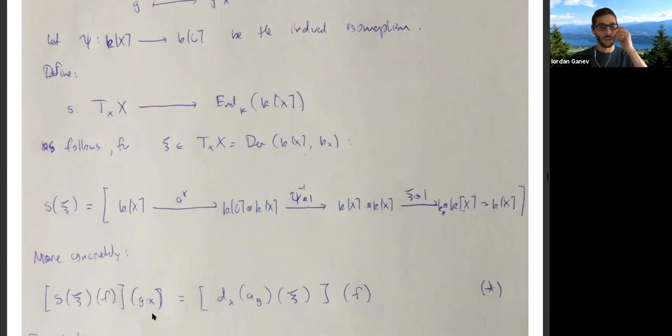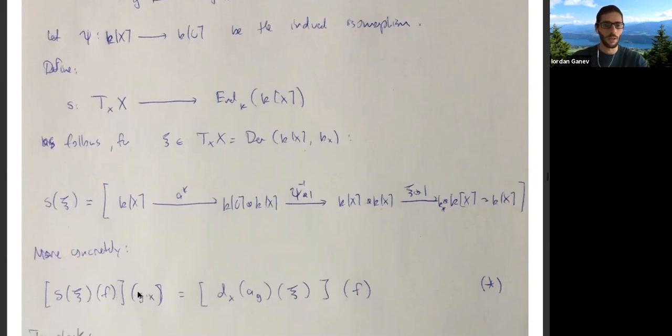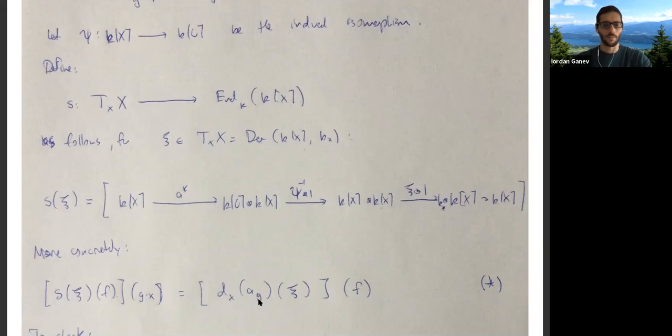If we know that the action is transitive, so anything in X is g dot x for some unique g, and we want to define this map S, we take a tangent vector and define an endomorphism. We take an f in k[X], and we apply this, and that's some other function on X, whose value at g cross x is given by the following formula.